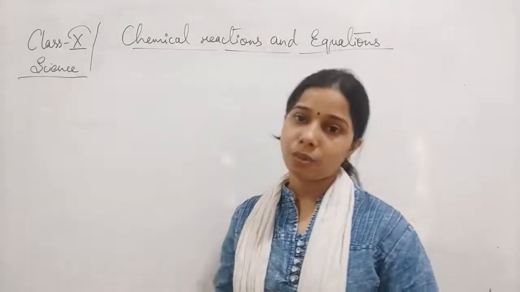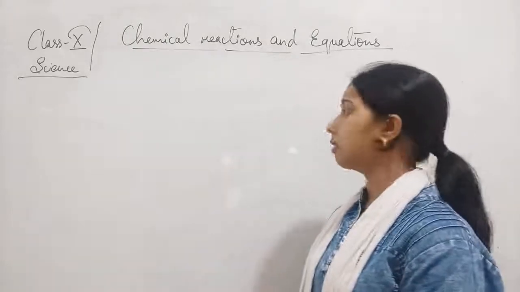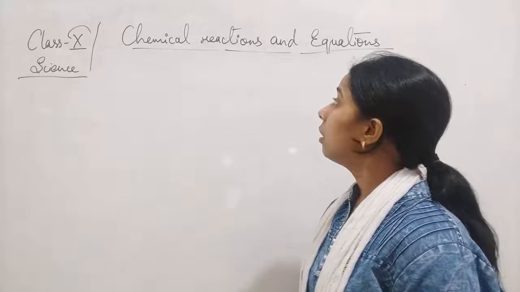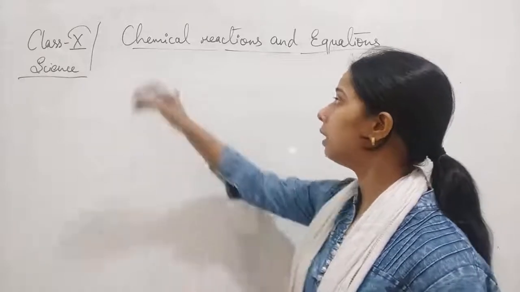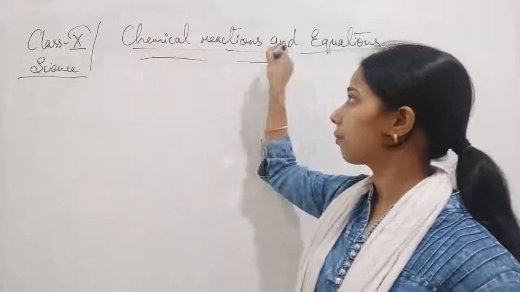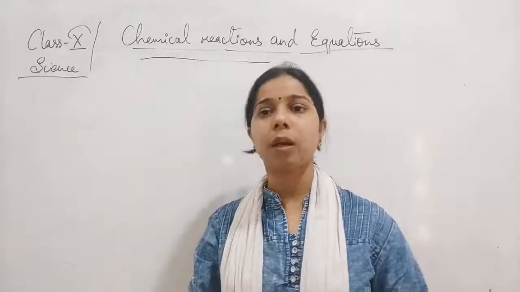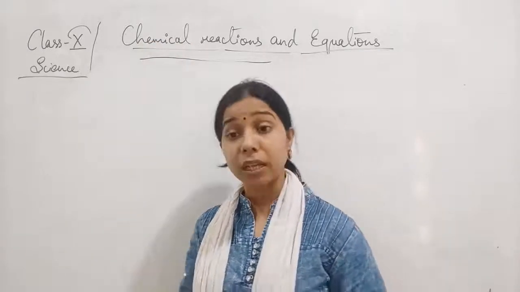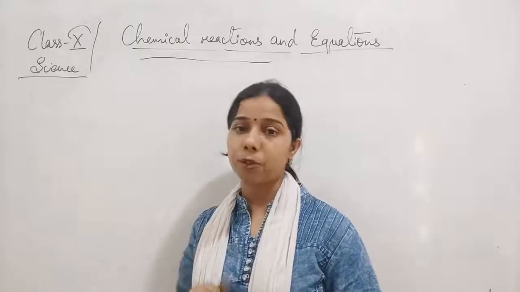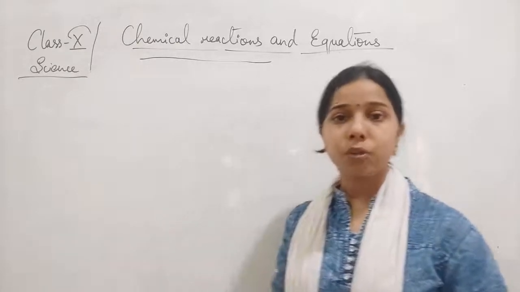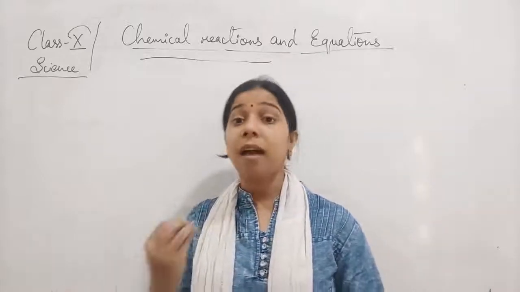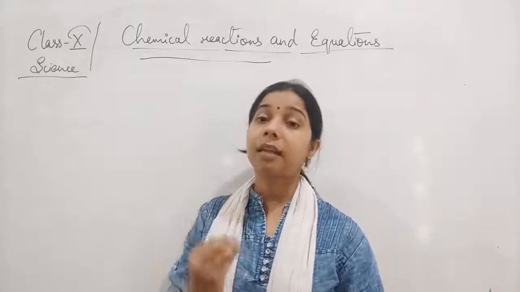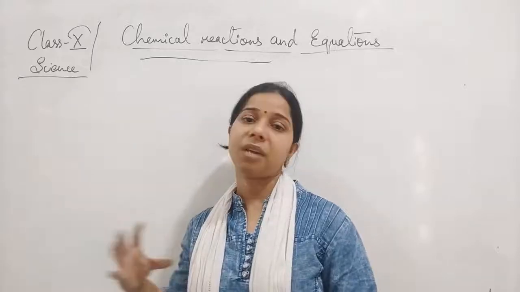Till now, students, in this chapter we have started with the chemical reaction. Although there are a lot of different chemical reactions that we are going to study in this chapter, we have understood till now what we mean by a chemical reaction and how we can say that a chemical reaction takes place.